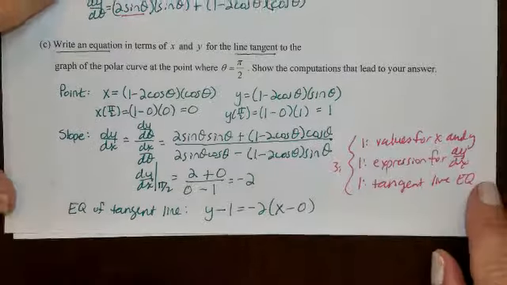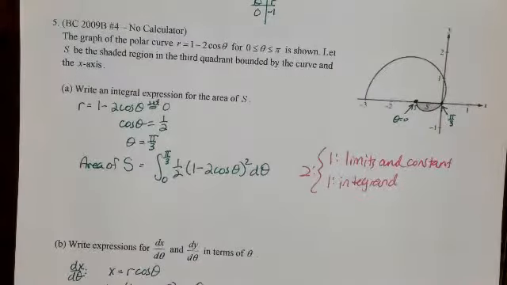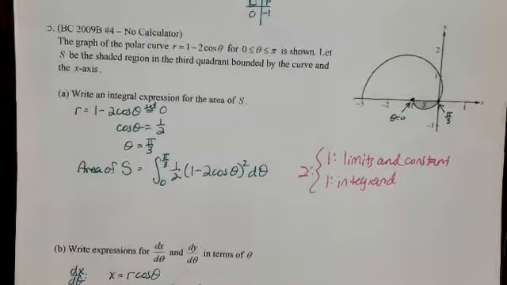So that's the type of thing you might see on the polar FRQ on the AP exam. Now it's time for you guys to go and try the rest of these on your own.